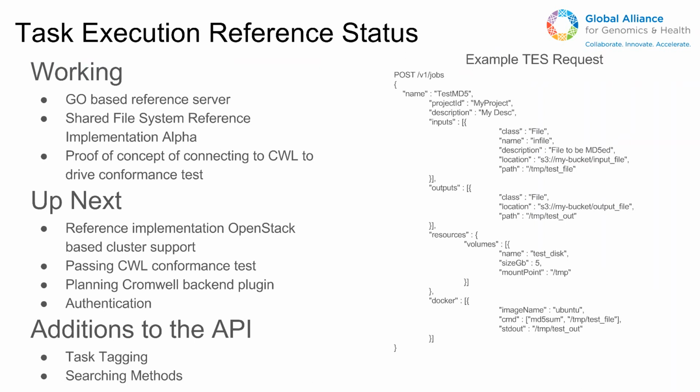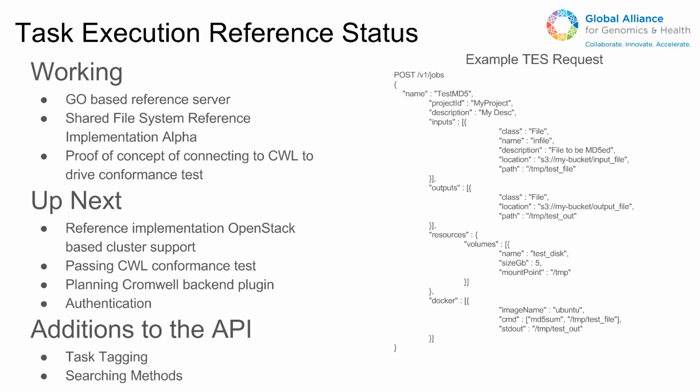What's happening next is supporting OpenStack instead of just local execution or shared file system execution, and passing the CWL conformance test to make sure it's actually passing 1.0. And finally, working on Cromwell, which is a very popular WDL workflow execution system, to use this plugin, along with adding support for authentication.